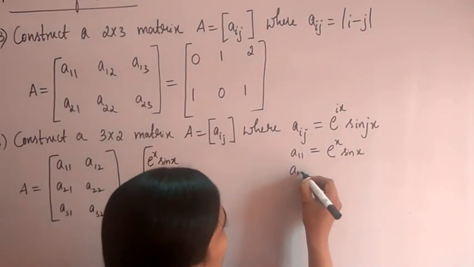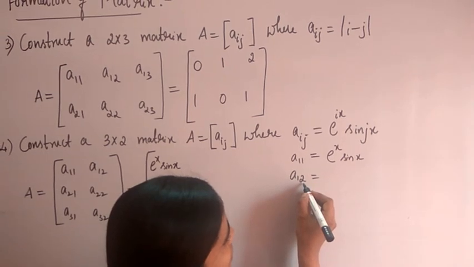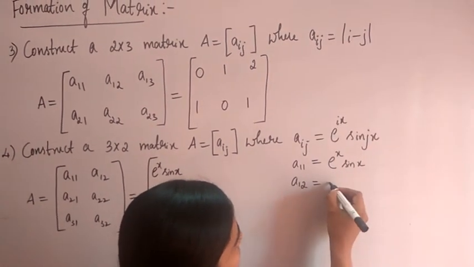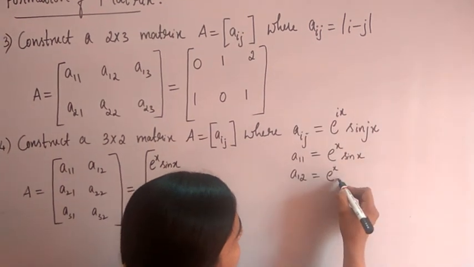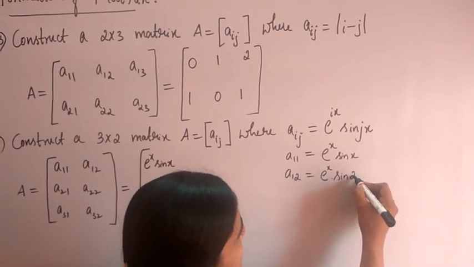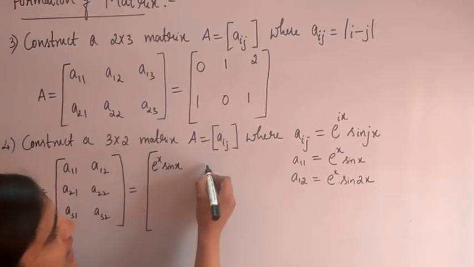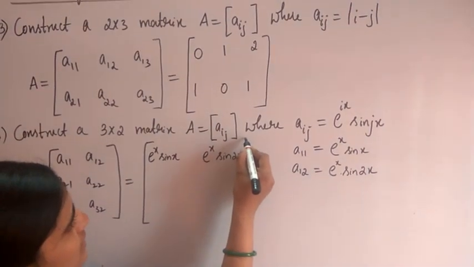That is A12 is equal to, so i value 1, j value 2. So substitute in this formula, we get e power i value is 1, 1 into x, x into sin j value 2, 2 into x, 2x. That is e power x sin 2x.